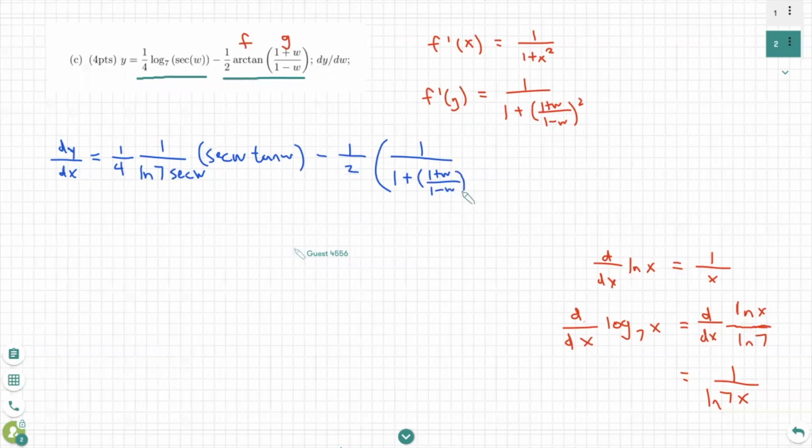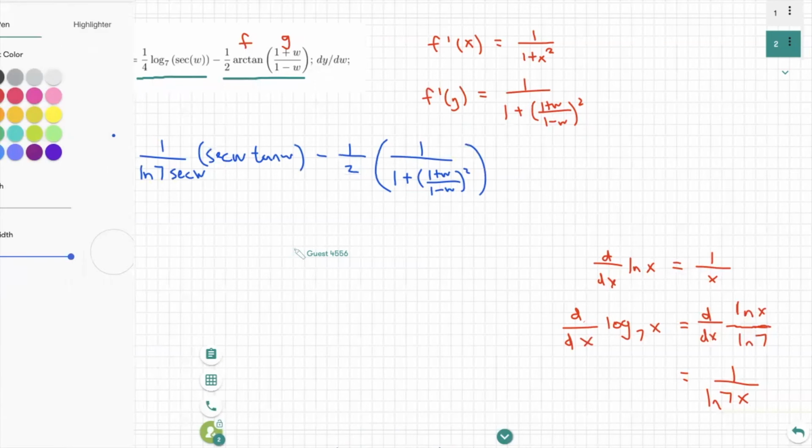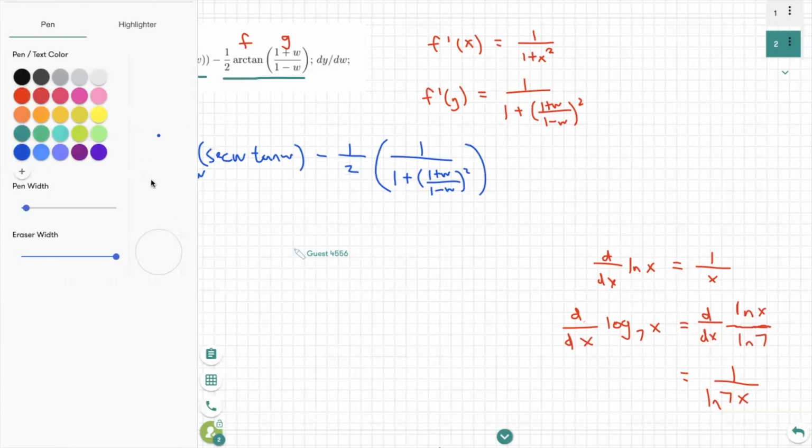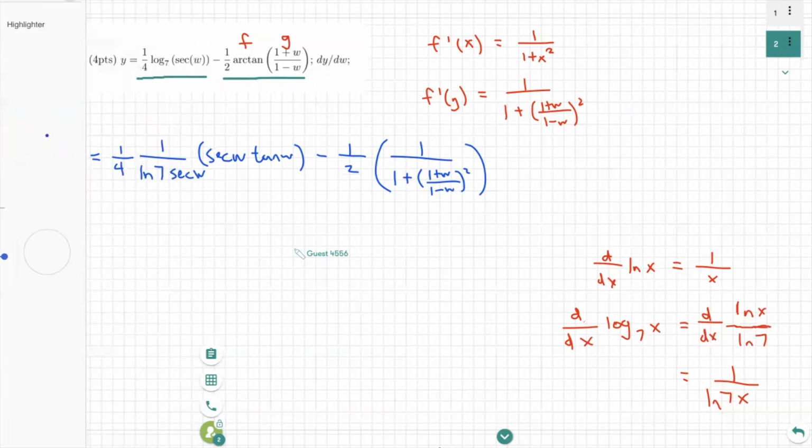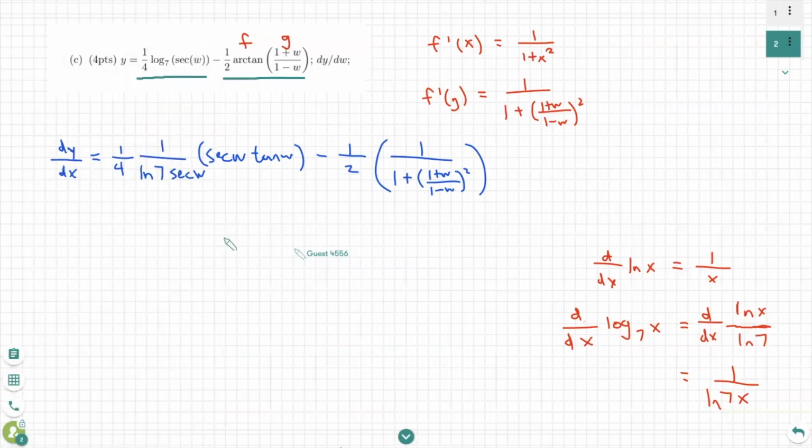And then taking the derivative of 1 plus w over 1 minus w, that's quotient rule. Let's see here.